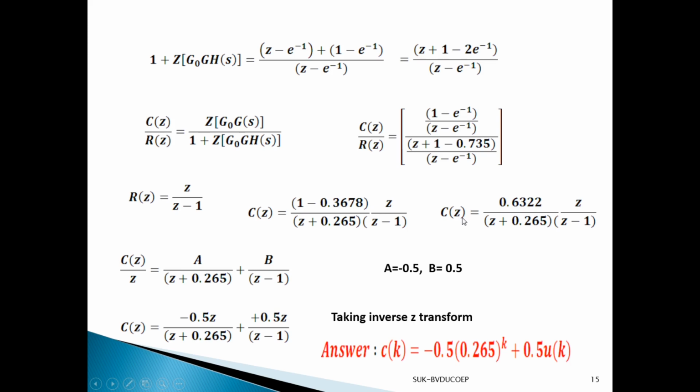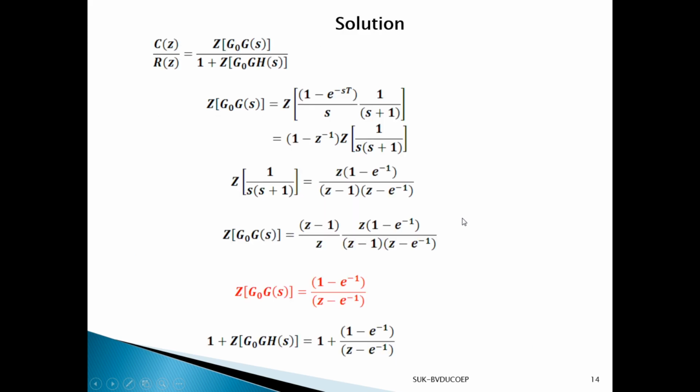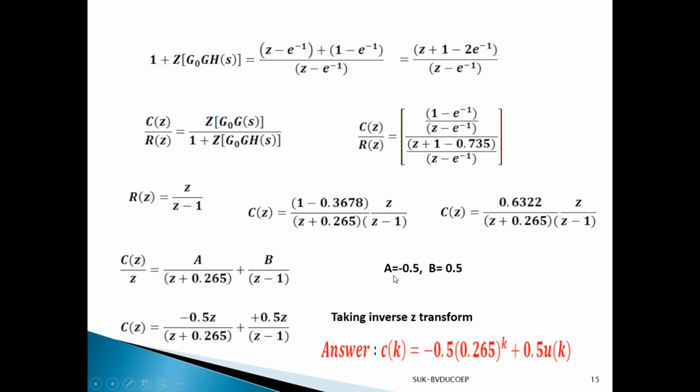So stepwise, what we have understood: first we have substituted G0. Then we have calculated Z transform of G0 GS. Then we calculated 1 plus Z G0 GS. Then we have calculated C(Z) upon R(Z), and then we put the value of R(Z), Z over Z minus 1. Then you get the C(Z).